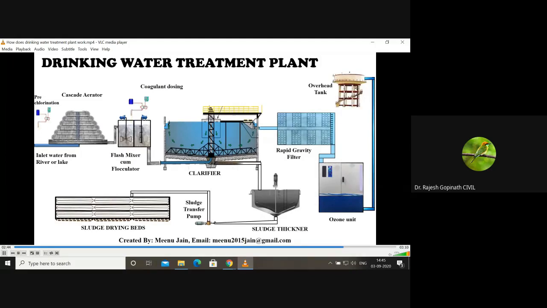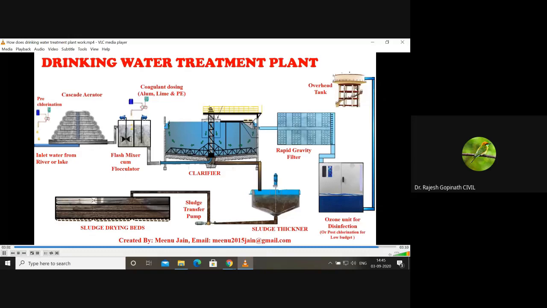And the sludge produced from bottom of the clarifier is sent to thickener, followed by sludge drying bed through sludge transfer pumps. Sludge drying beds comprises under drainage system. Thus, drainage liquid is further sent to clarifier and dried sludge from sludge drying beds is disposed of as per client's requirement.